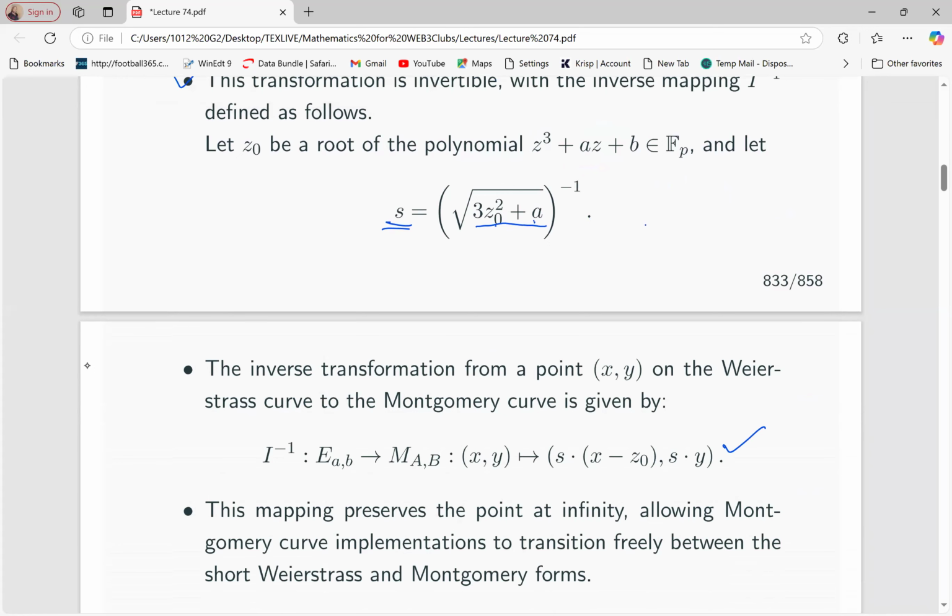And what this means, therefore, is that you have a point on the short Weierstrass, and you want to find its equivalent, where it will be mapped to on the Montgomery.